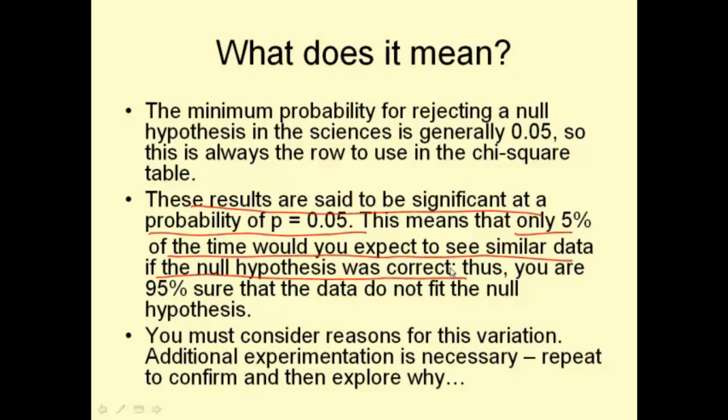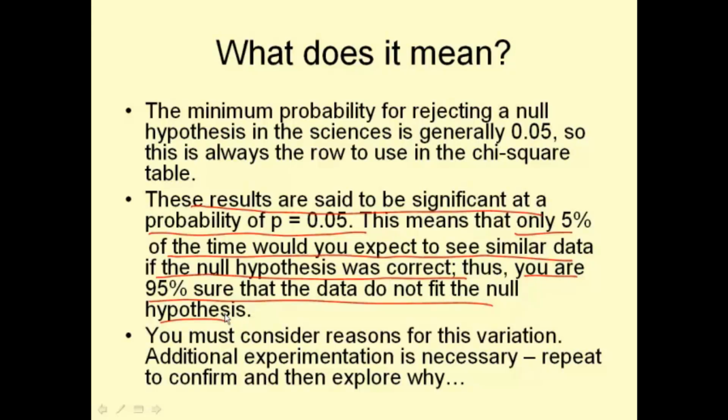Which, for me, it's easier to think about, okay, well that means that you're 95% sure that the data do not fit the null hypothesis. So that gives you 95% confidence in your data. So that's why we use that row in the chart. Because if we're 95% confident, then we can say that it's statistically significant.